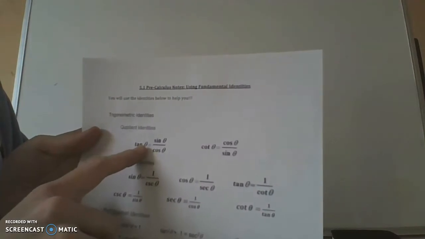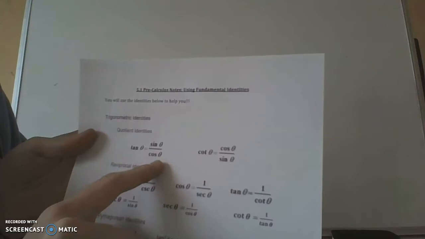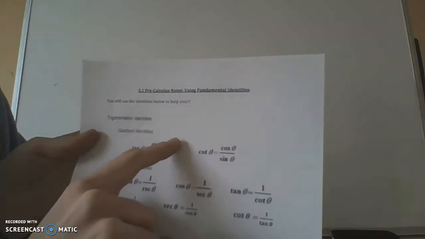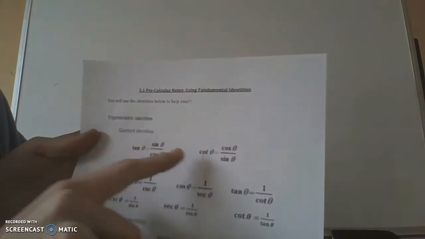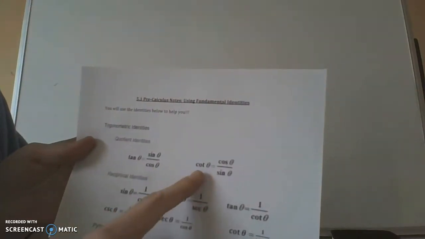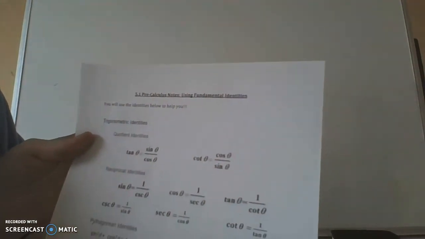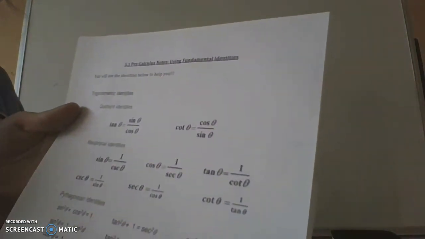We said that tangent was y over x, sine was y, cosine is x. So in this case, tangent is just sine over cosine. Now we know that tangent and cotangent are reciprocals. So if tangent is sine over cosine, then it makes sense that cotangent is just cosine over sine. We just flip.